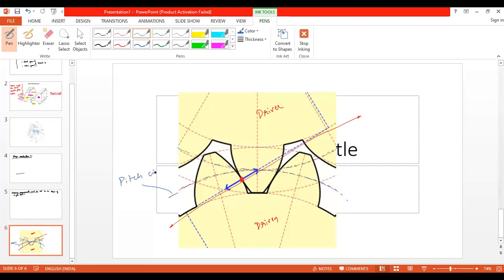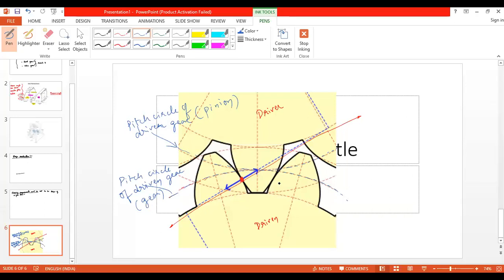This is the pitch circle of the driven gear, and this is the pitch circle of the driver gear. Okay, and the driver gear is also known as pinion, and the driven gear is just known as gear. We call the pinion as the driver and the driven as just a gear.